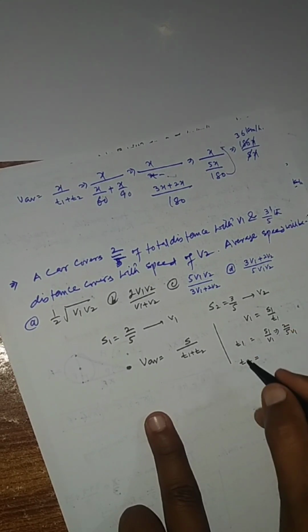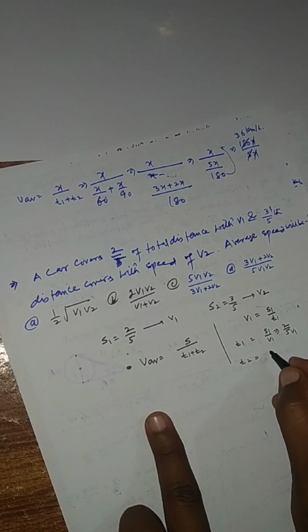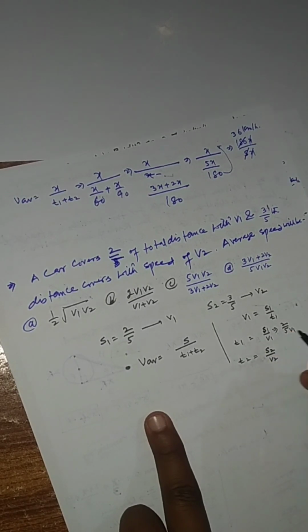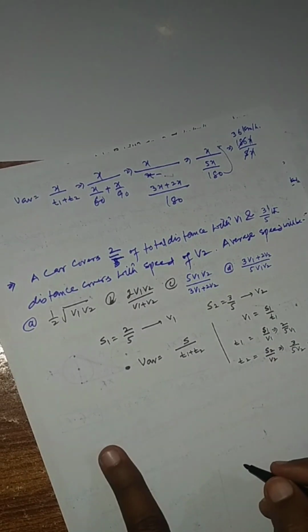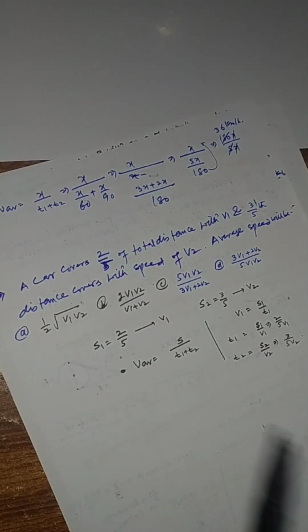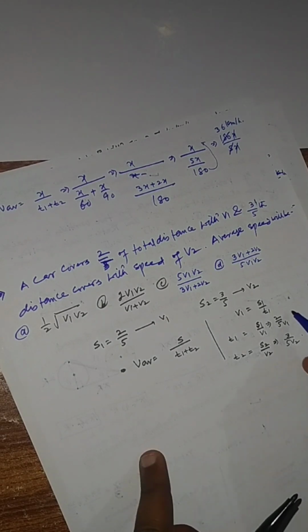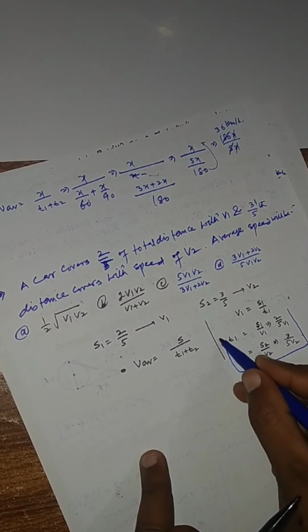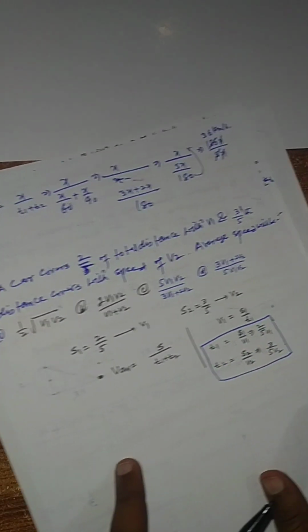Similarly t2 will be S2 over v2, and S2 is 3 over 5 S, over v2. So this much is the time.